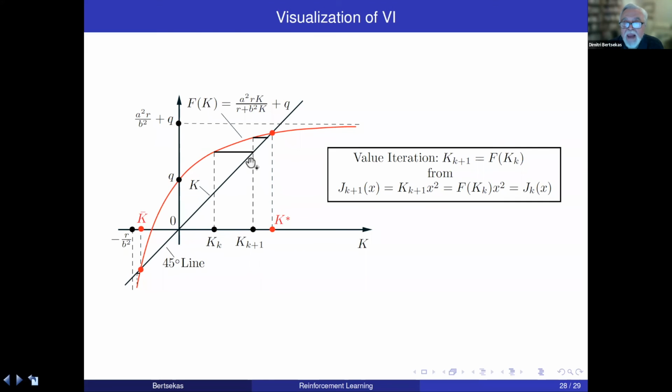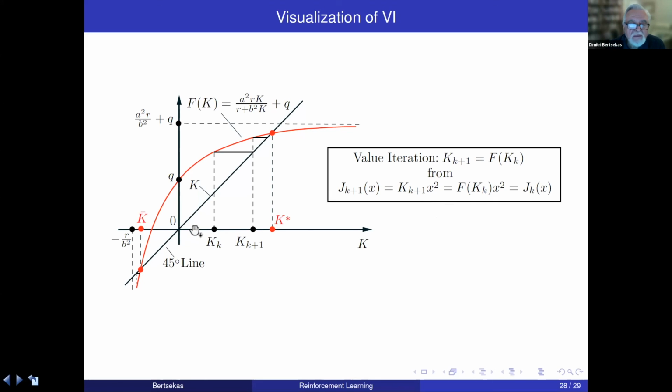And now you apply F to it, and you go to this point. And you go horizontally, reflect vertically to the horizontal axis, and you get K_{k+2}, K_{k+3}, and so on. So this is a typical staircase structure that you encounter in graphical depictions of fixed point iterations.